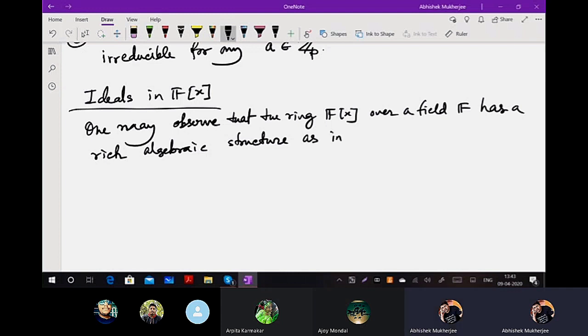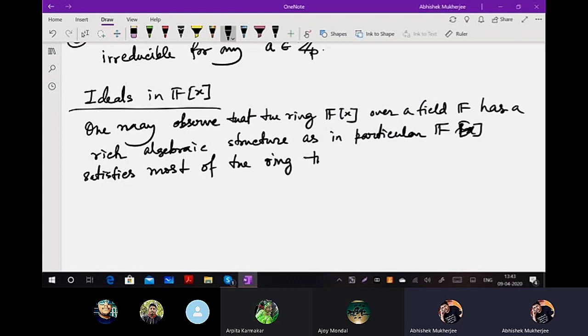In particular, F[x] satisfies most of the ring theoretic features that are enjoyed by the ring of integers.